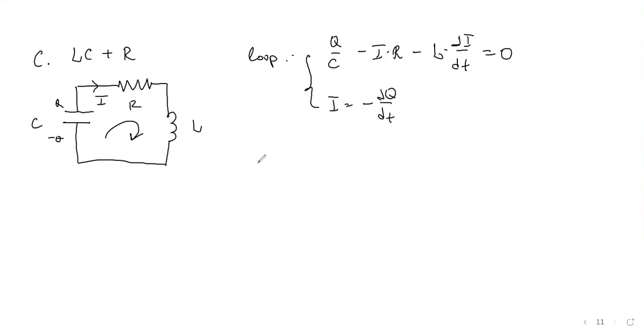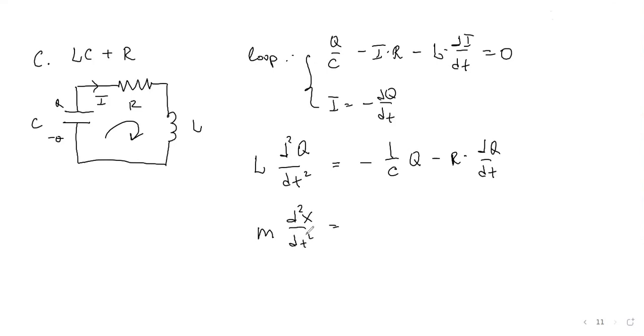So then L times the second derivative of Q over time will be equal to minus 1 over C Q minus resistance dQ over dt. This would be the equation, and of course it's the same equation as before, plus we have this new term, current multiplied by resistance.